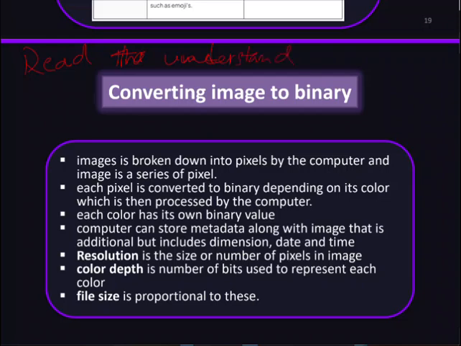One thing you have to do in conversion of image to binary: you must read this whole thing. To describe the image to binary for about 5 marks, take 5 to 6 points from here and then write it, because in computer science you must mention everything, otherwise you won't get any marks.